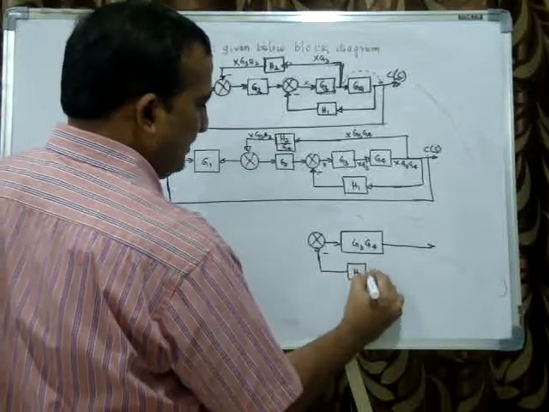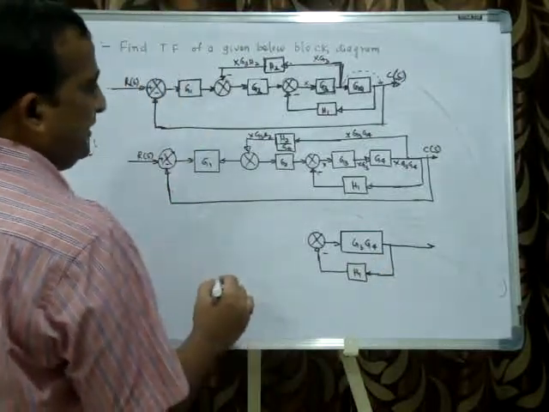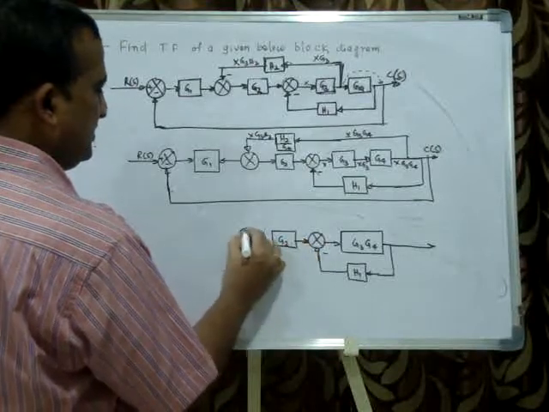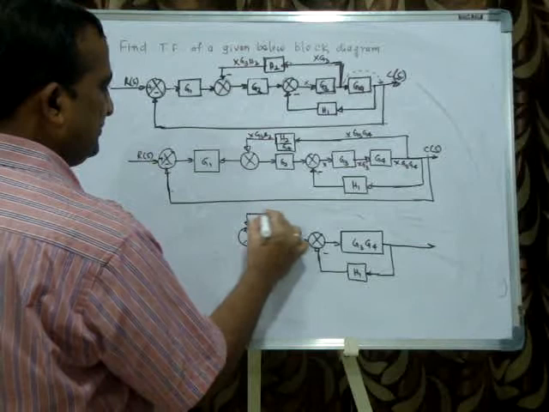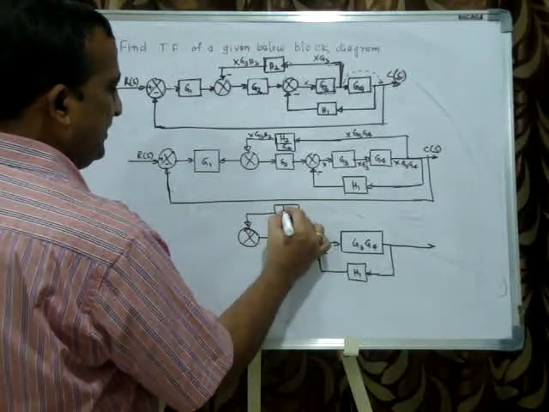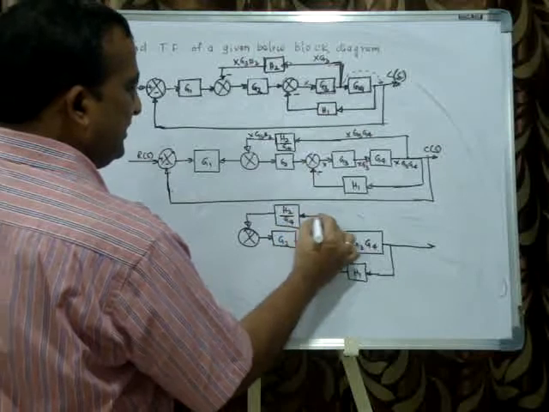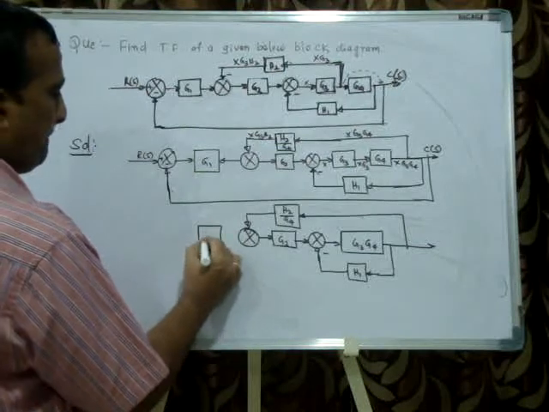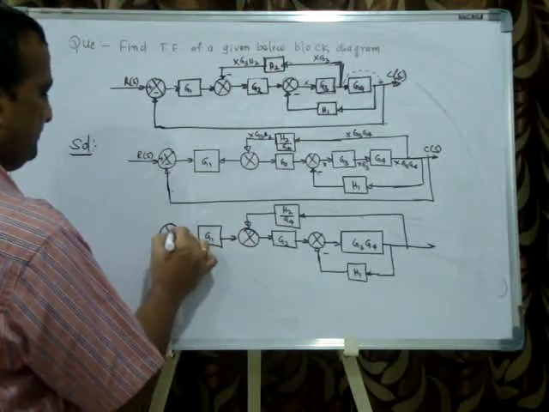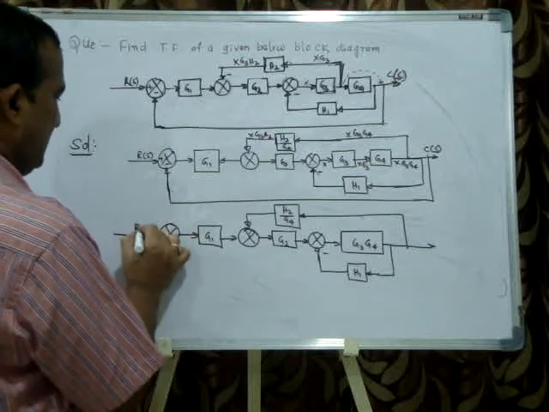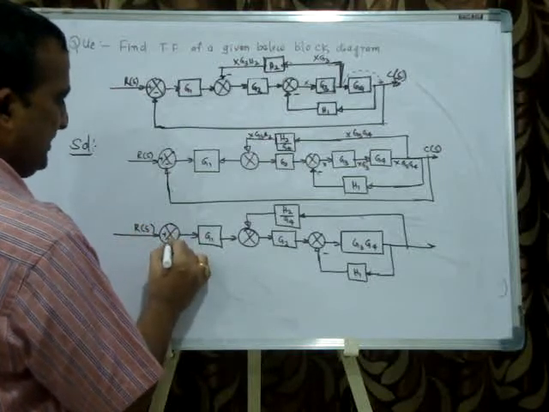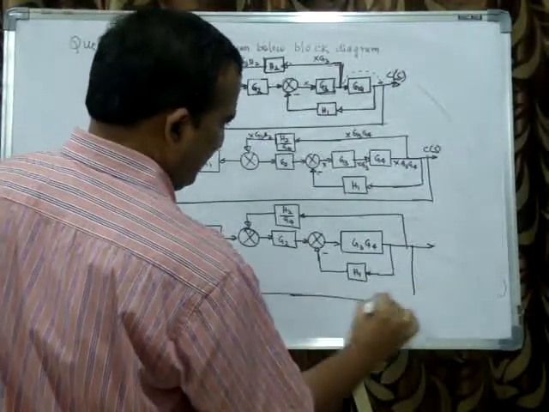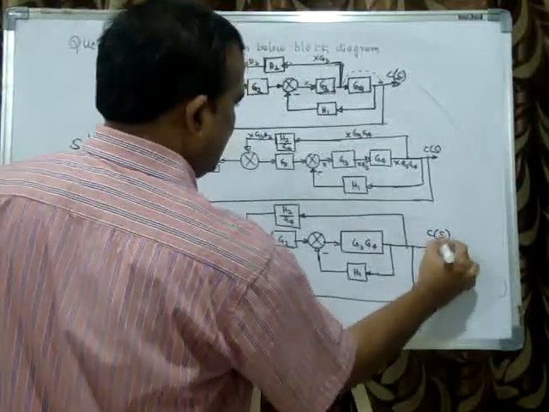Here H1. Correct. And here G2, and here G4, and here G1, here R(s), here plus and minus, correct? C(s).